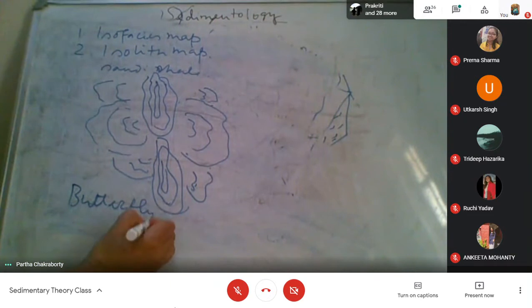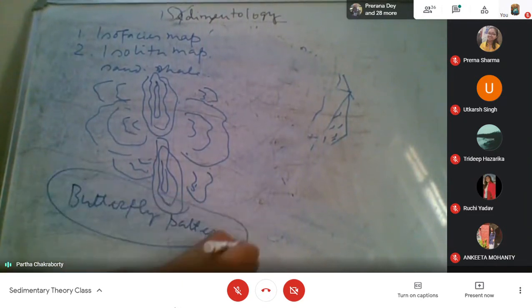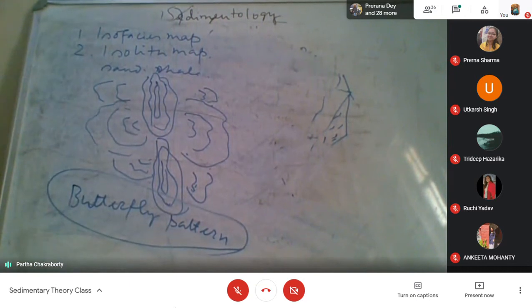Butterfly pattern is a characteristic identification in the subsurface for a barrier bar lagoon system.